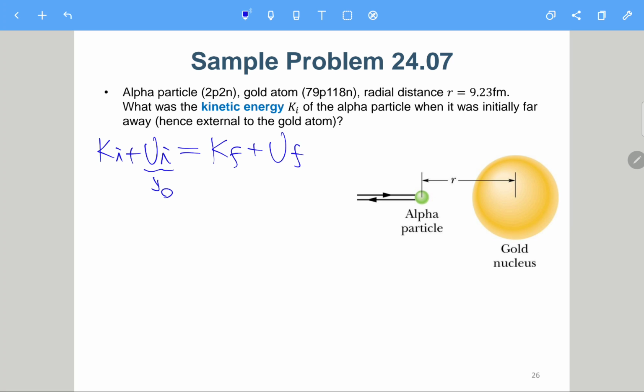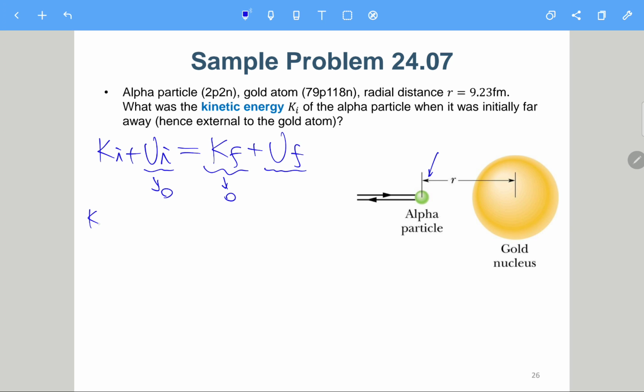And then Kf should be 0 because it stopped at this point, which means that velocity equals 0, which means the kinetic energy should be 0. So Uf is what we can calculate.